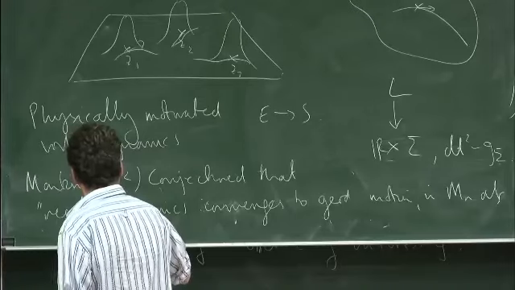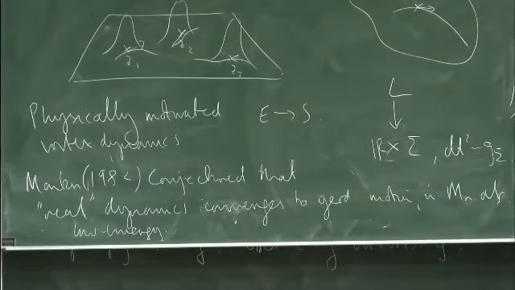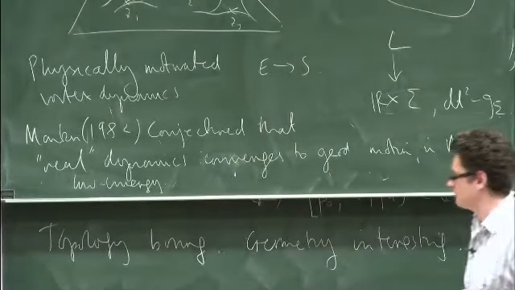So if you give your vortices a small amount of kinetic energy. It was conjectured by Manton not as a precise mathematical conjecture, more as a sort of physical principle.